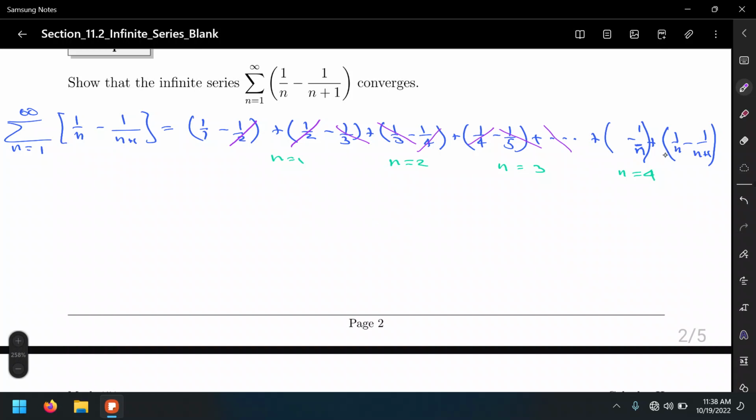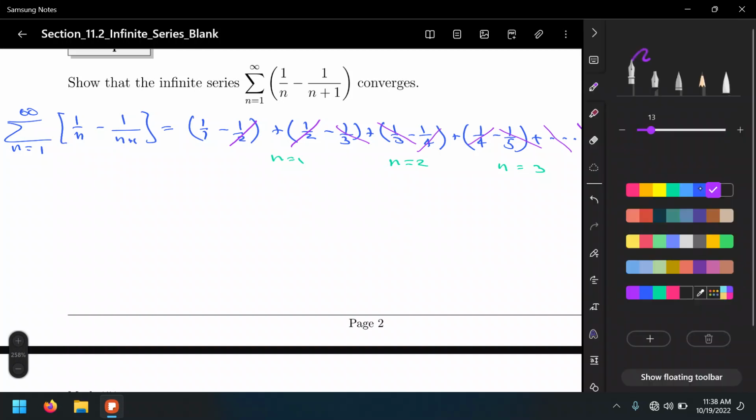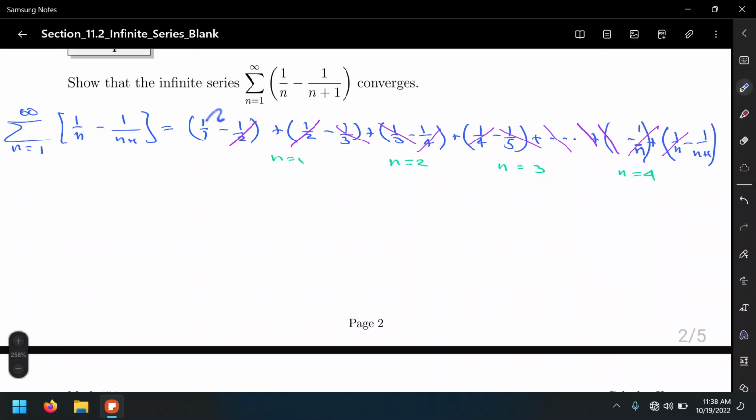Notice how the 1/n cancels with the previous one, which is negative 1/n. We will only focus on the surviving terms, which are the first one and the last one. Just like the telescope, you are in the initial position and your objective is what you would see in the telescope, which in this case is the last term.